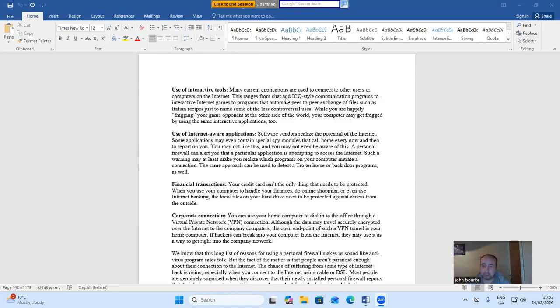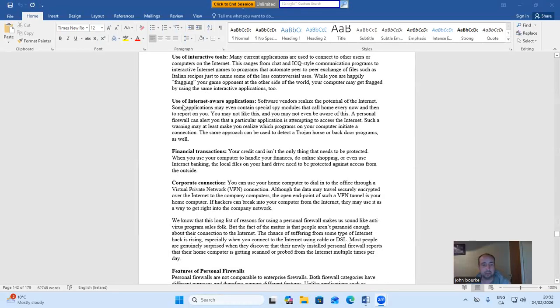This ranges from chat to ICQ-style communication programs to interactive internet games to programs that automate peer-to-peer exchange of files such as Italian recipes, just to name some of the less controversial uses. While you are happily fragging your game opponent on the other side of the world, your computer may get fragged by using the same interactive applications too.